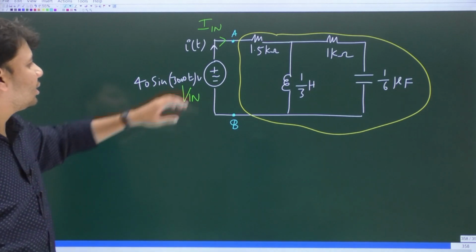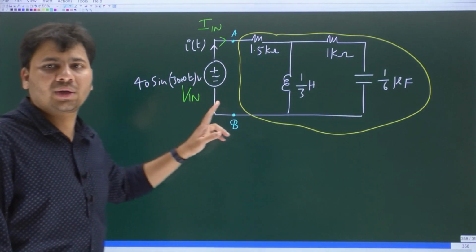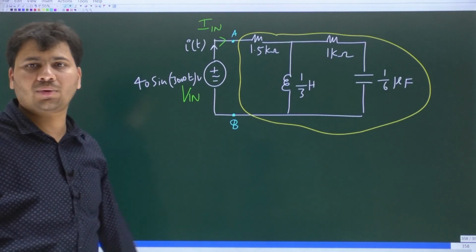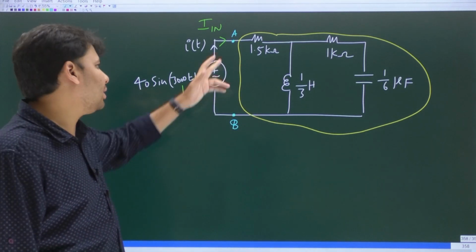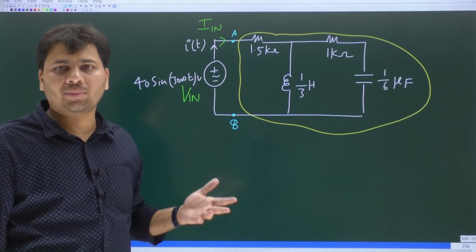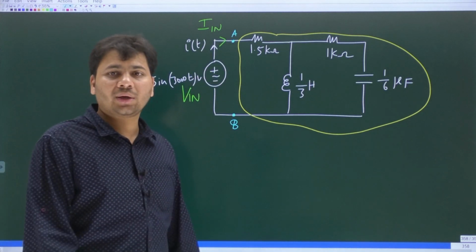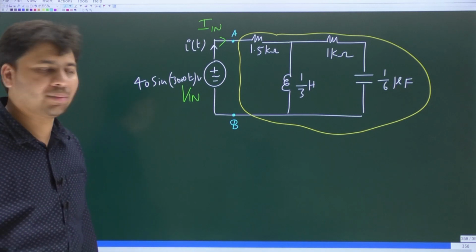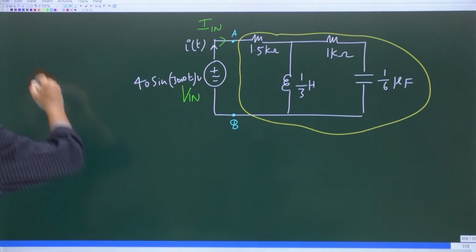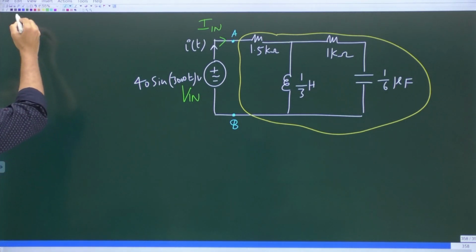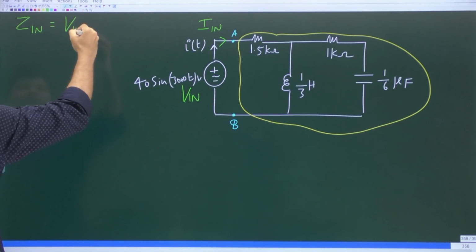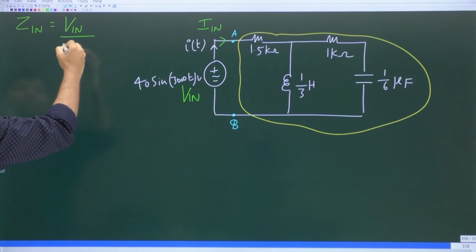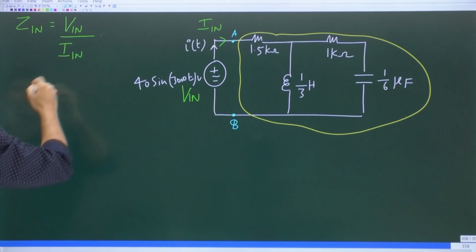If you look at the yellow color network, it is between these 2 points A and B. So there will be some net impedance between A and B, and that net impedance between A and B is what is called the input impedance. Zin, the input impedance, will be equal to the phasor input voltage divided by the phasor input current.